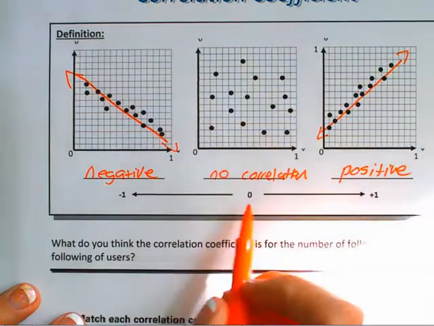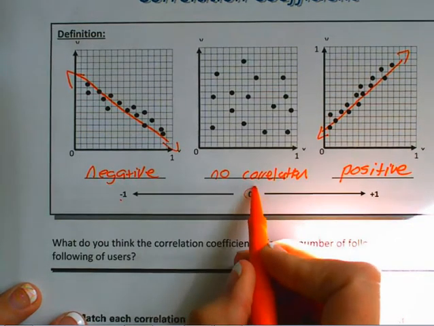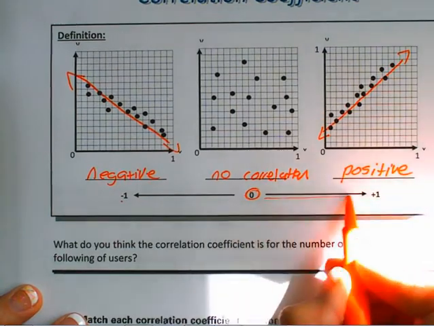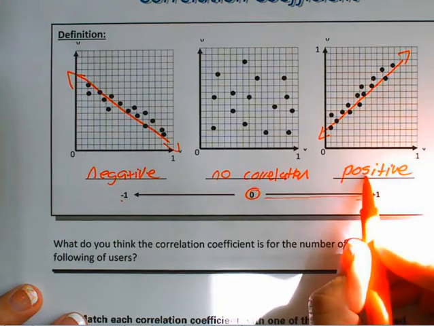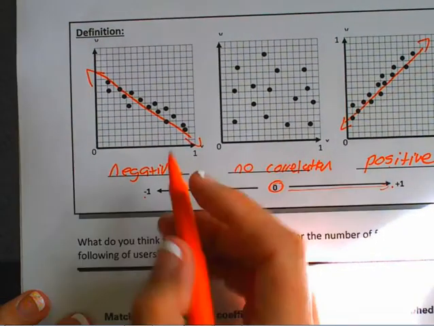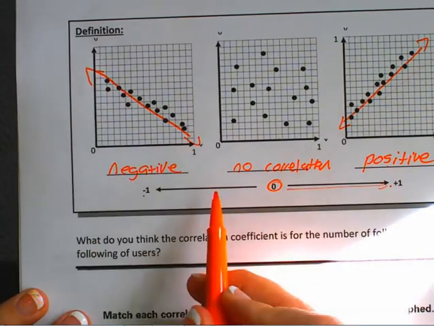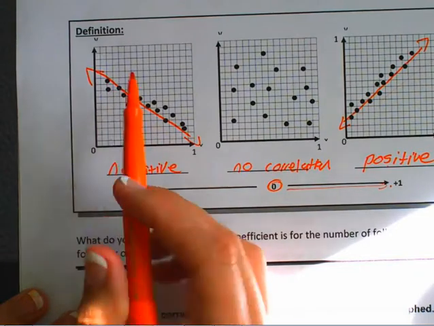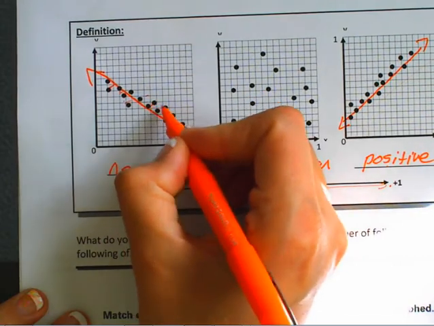This is on a scale from -1 to +1. The closer you get to 0, the closer you are to no correlation. The closer you get to +1, the stronger the positive correlation is. And over here for negative, the closer you get to -1, the stronger the negative correlation is. The correlation coefficient is how close, or the distance, these points are from a line of best fit.